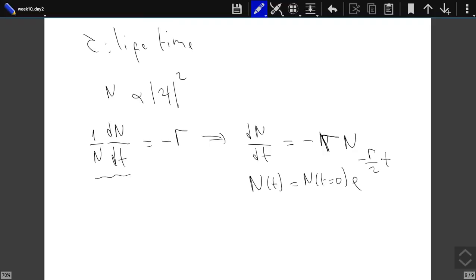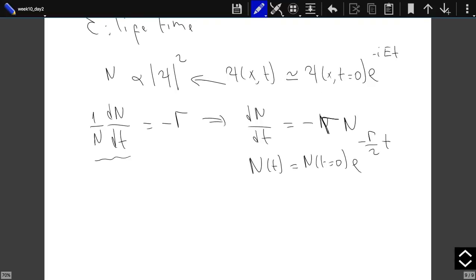But you see, the N is kind of my wave function. And the time evolution of my wave function will be given by psi(x), if it's an eigenstate or an almost eigenstate at t equal to 0, e to the power minus iEt. But at the same time, it should also have this decaying dependence.